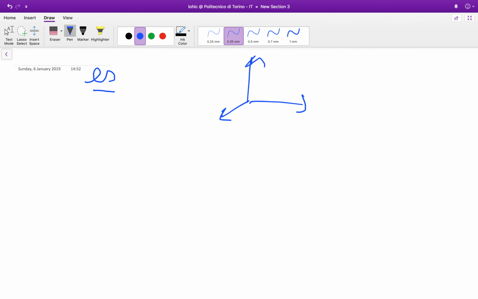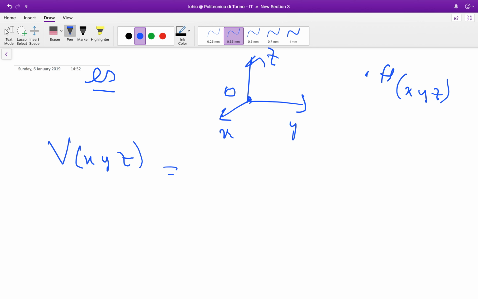Okay, so suppose that we are working in an xyz space. Is that clear? It means that my point H will have coordinates x, y, and z, yes or not? So the potential at any point will be a function of the position.